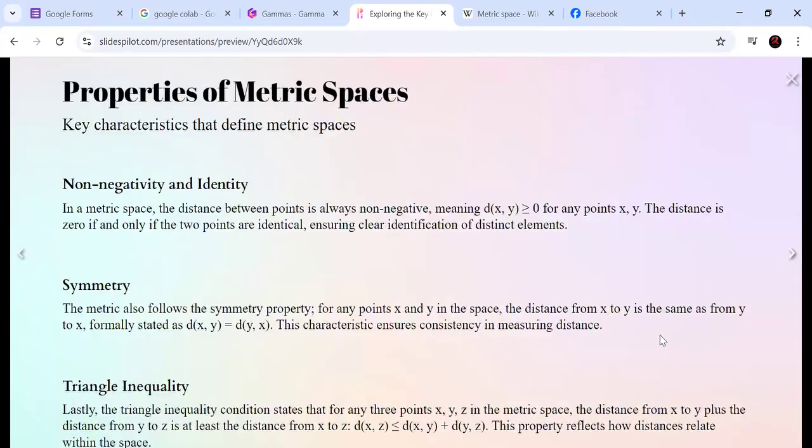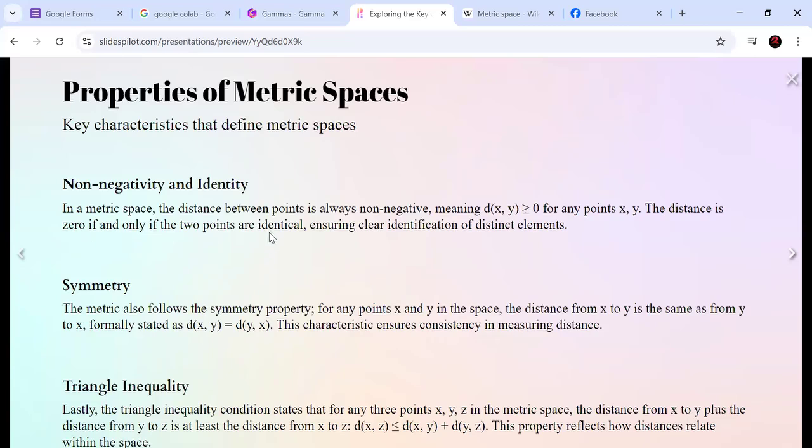So properties of metric space, the key characteristics that define a metric space. Number one, we have non-negativity and identity. In a metric space, the distance between points is always non-negative, meaning the distance is greater than or equal to 0 for any points x and y. This distance is 0 if and only if the two points are identical.